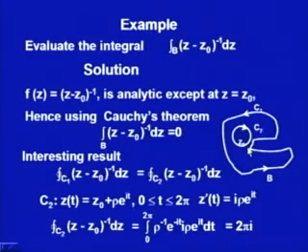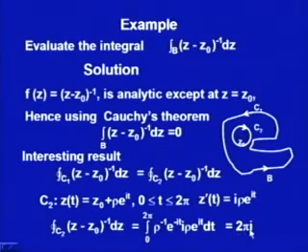You see, I had this function 1 upon Z minus Z0, and any contour, here I have taken this contour, I had shown that this is equal to the integral along this one. Here I have taken this Z0, because this function is not analytic only at Z0, and I have taken a circle centered at Z0 of some arbitrary radius rho.